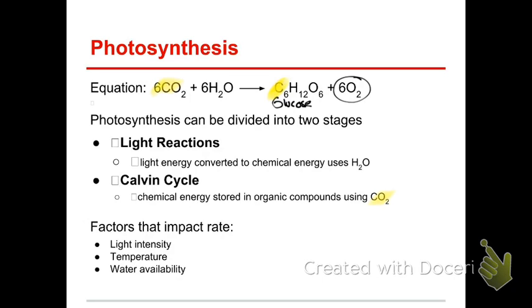Well, actually, oxygen is released. Carbon dioxide is what goes in. But where do we find carbon dioxide on this planet? The atmosphere. Yeah, the atmosphere. It's all around us. There's no place you can go really where you wouldn't have carbon dioxide, unless you go underground or some isolated cave or something like that. But CO2 is always available, so it doesn't really impact the rate. I guess in controlled experiments it could, but in real life situations, it's not going to have a real big impact. It's always there.